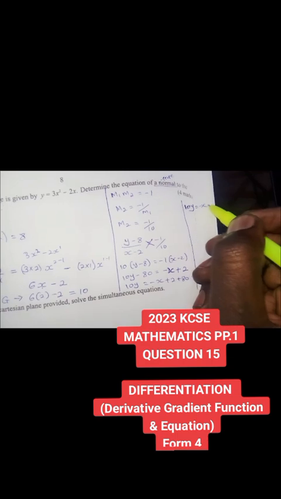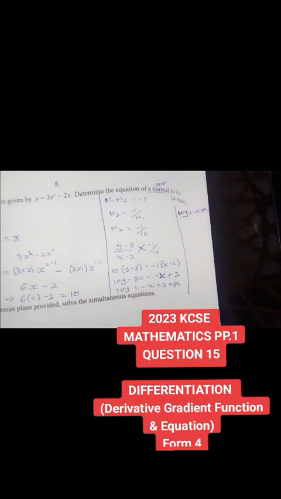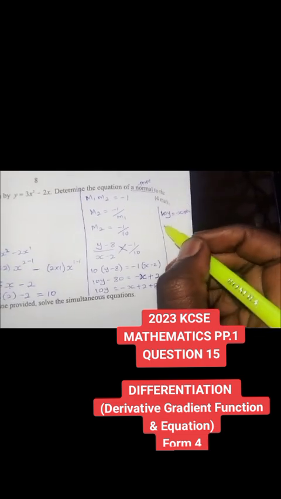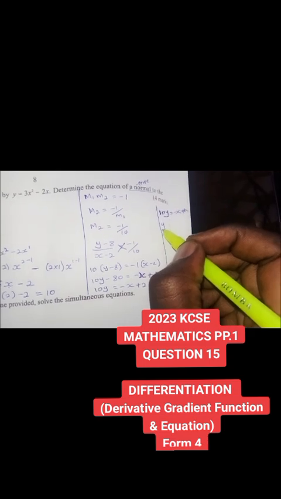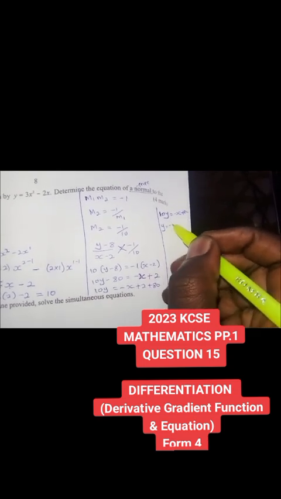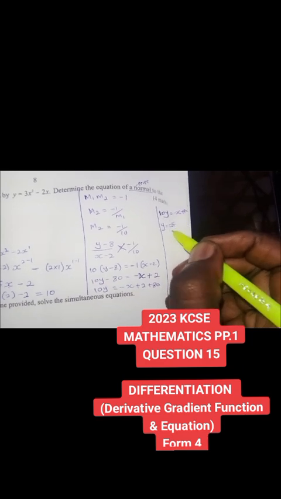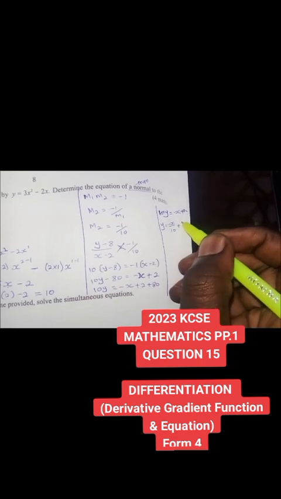Therefore, I'm going to have 10y is equal to -x plus 82. If I divide both sides by 10, the value of y becomes -x over 10, plus 82 divided by 10, which is 41 over 5.